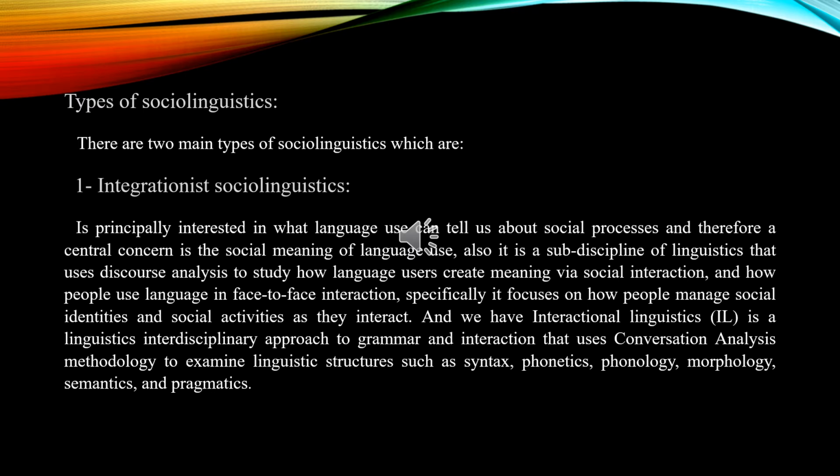Also, it is a subdiscipline of linguistics that uses discourse analysis to study how language users create meaning via social interaction and how people use language in face-to-face interaction. Specifically, it focuses on how people manage social identities and social activities as they interact.